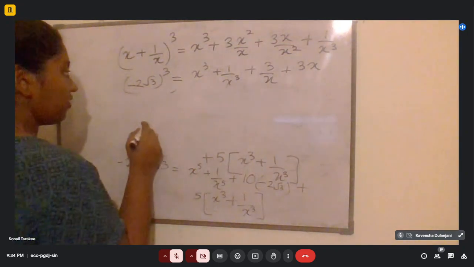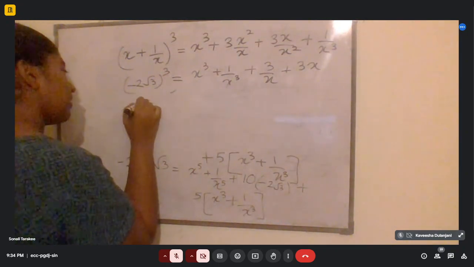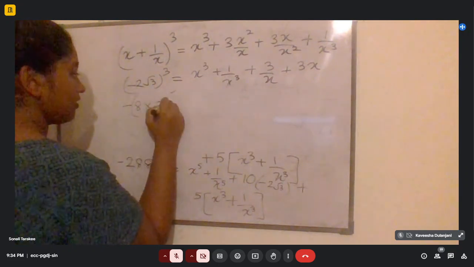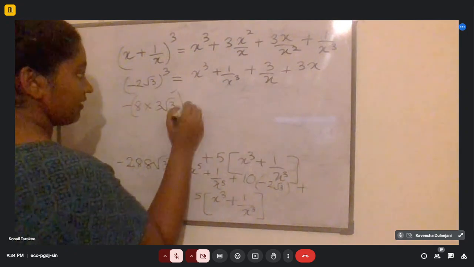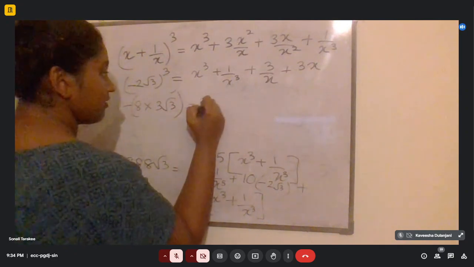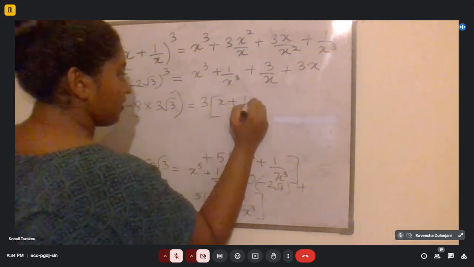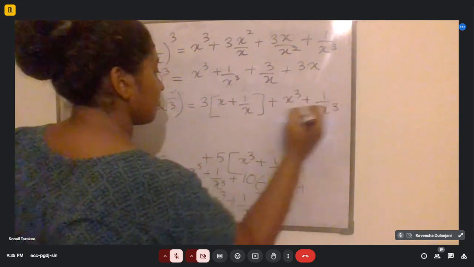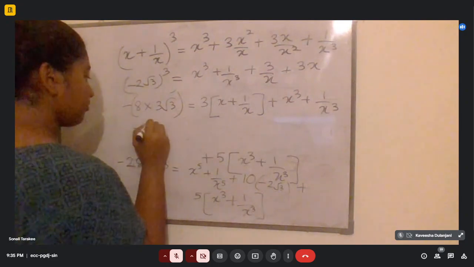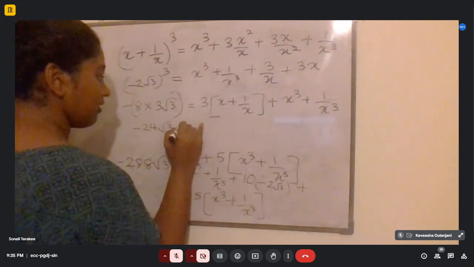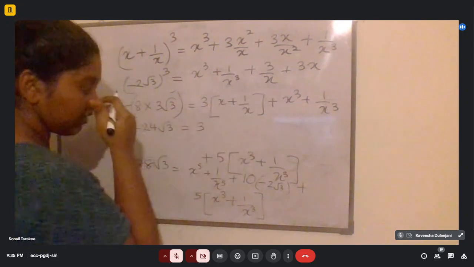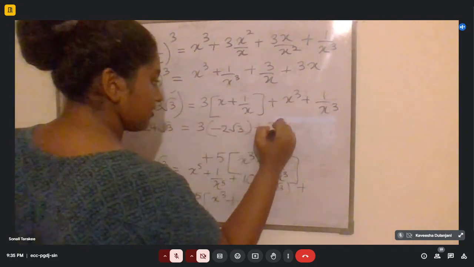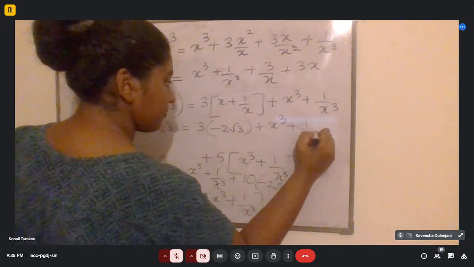So once you solve this one, you get minus 8 into 3 root 3 equals 3 times x plus 1 over x plus x cube plus 1 over x cube. Here minus 24 root 3 equals 3 times x plus 1 over x, which is minus 2 root 3, plus x cube plus 1 over x cube.